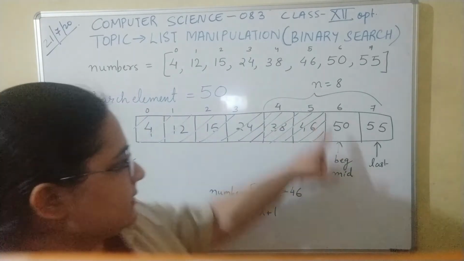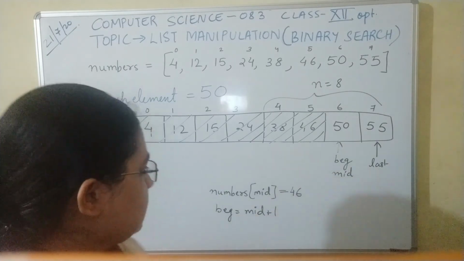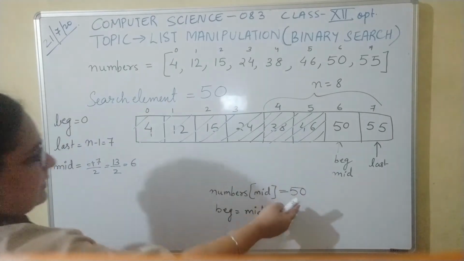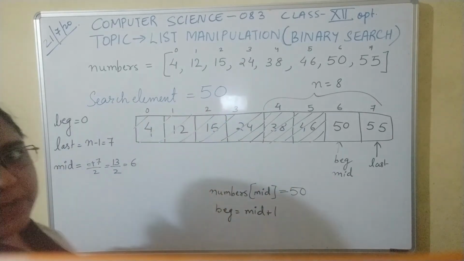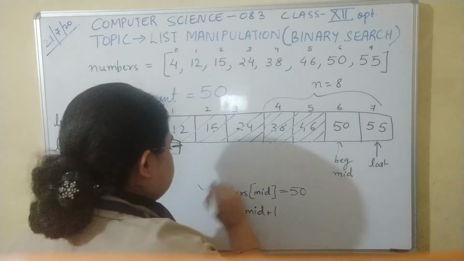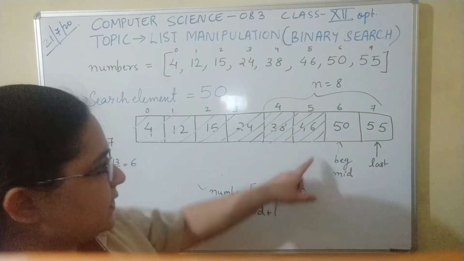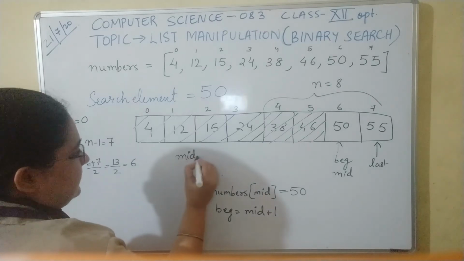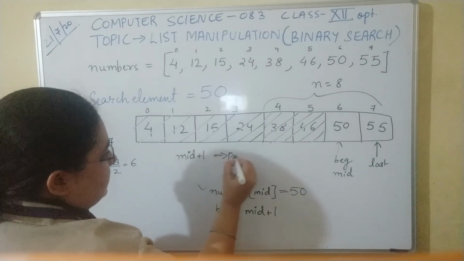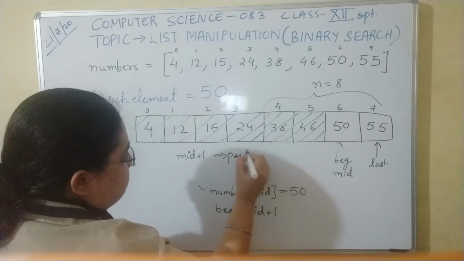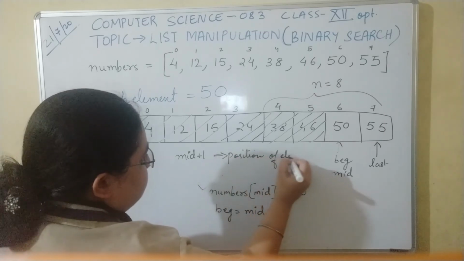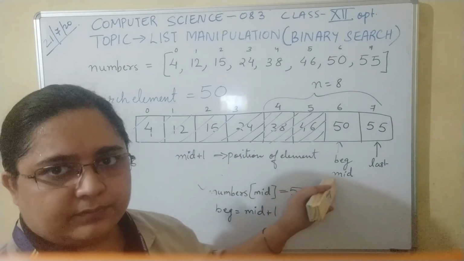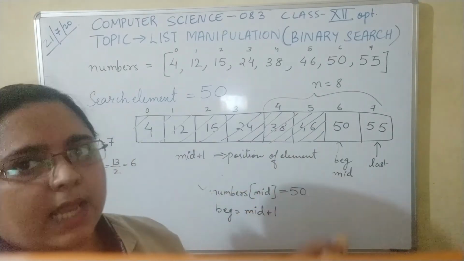Now beg is 6 and mid is also 6. So now what is the element here? 50. Now is numbers mid 50 equal to search element 50? Answer is yes. So a match is found. So position will be printed as mid plus 1. This is the position of the search element. Element is found in the list. So here our search ends.